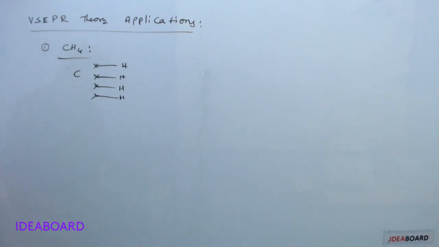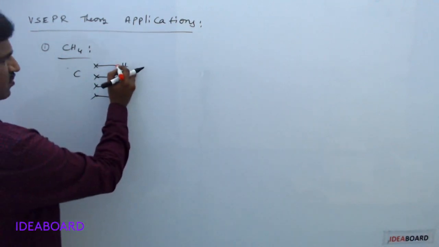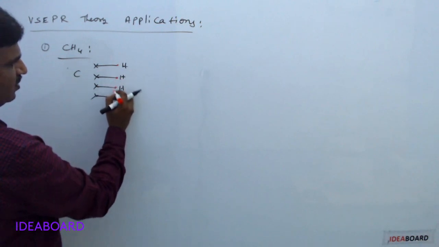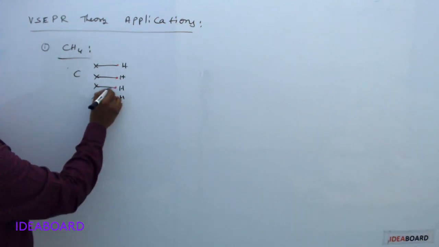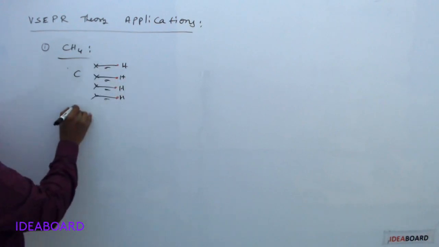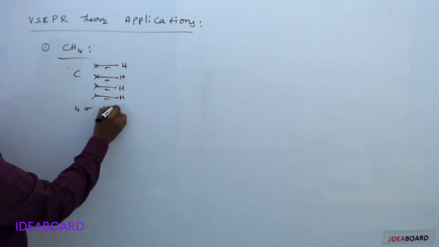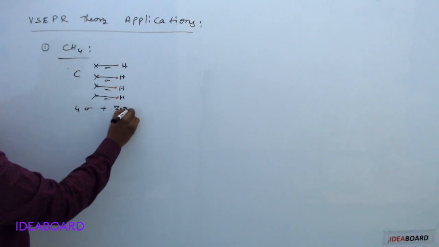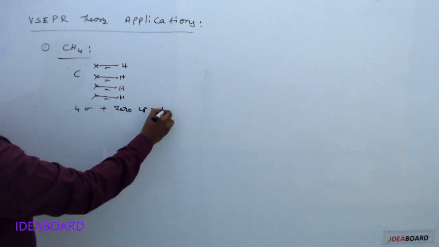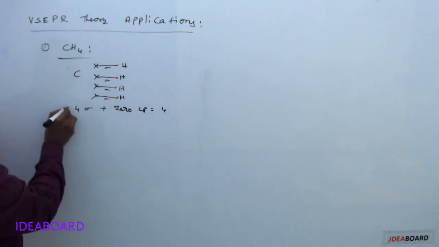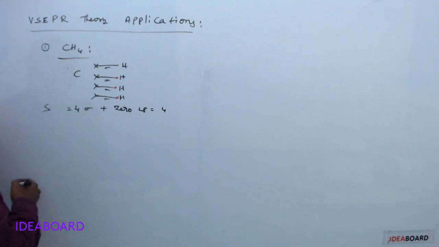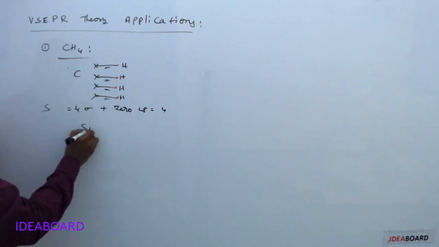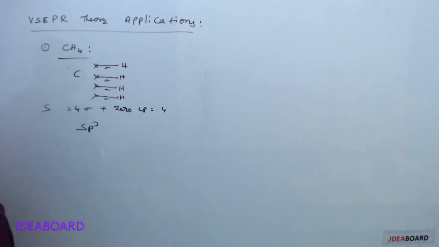Each hydrogen atom gives one electron for bonding, and they form four single bonds, and all single bonds are considered as sigma bonds. Four sigma bonds plus zero lone pairs, so the steric number is equal to 4. Steric number 4 means it is sp3.